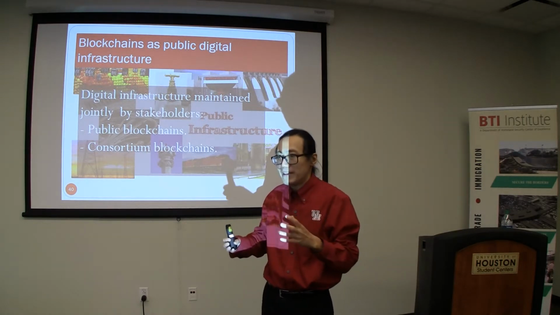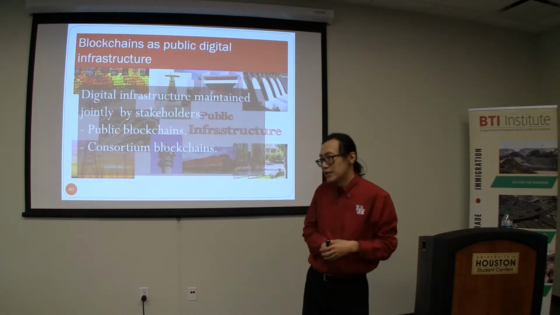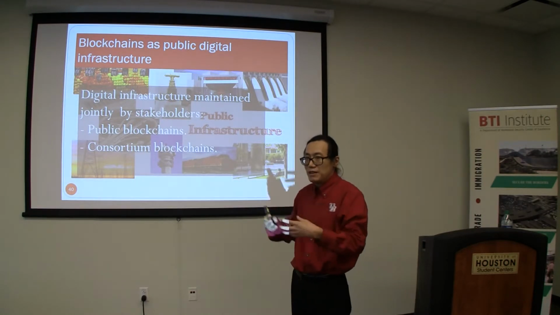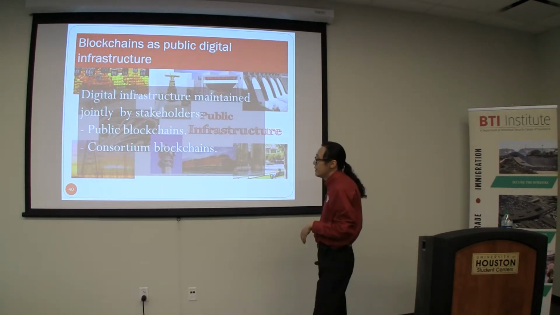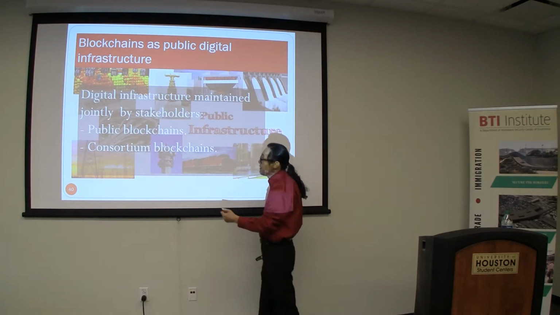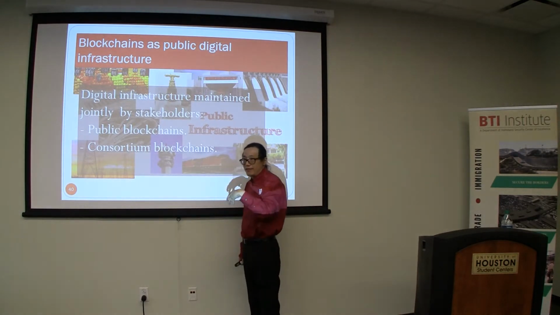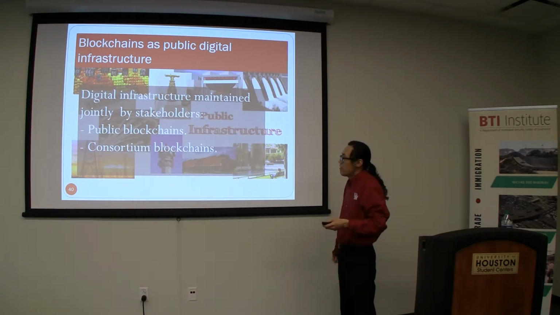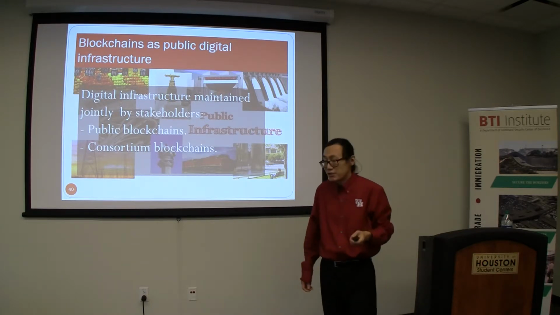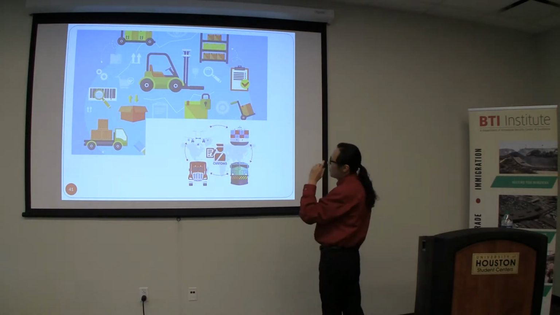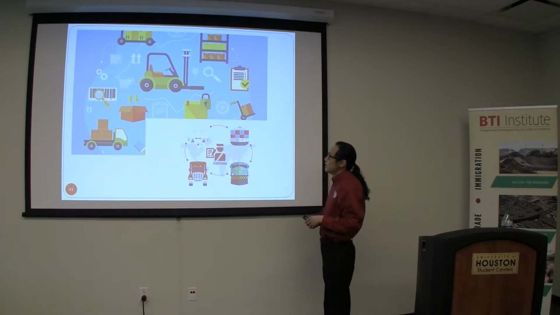Why not use this technology to have a distributed database, a distributed ledger, where we can work together to share information and maintain the database that has value to them? So in that case, they can form a consortia and work together to have this digital infrastructure. So in both ways, it's some sort of public digital infrastructure, either open to everybody in the world or to your partners or stakeholders. It's still public to your partners and stakeholders, so I still call it public blockchain, just in the relative sense that it's closed.